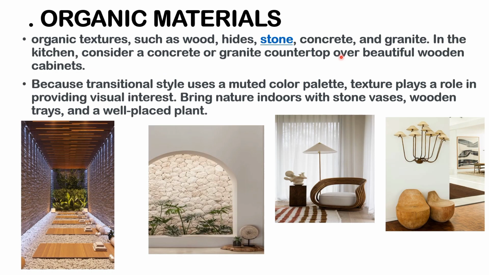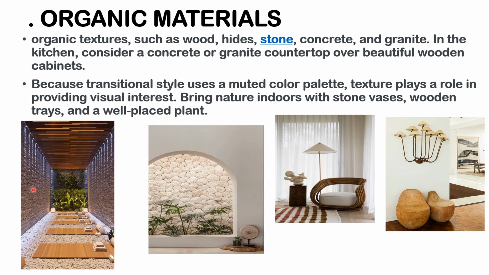The next is organic materials. Organic textures such as wood, hides, stone, concrete and granite in the kitchen. Consider a concrete or granite countertop over beautiful wooden cabinets. So organic materials are not hard to understand, because you have to use things like stone, like this stone wall cladding, or you can say wooden materials.